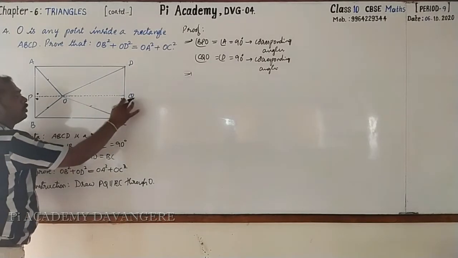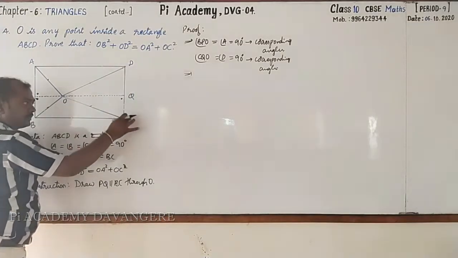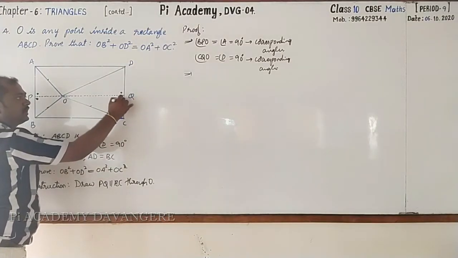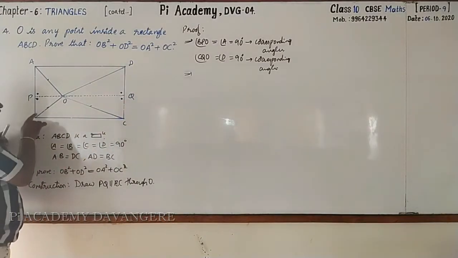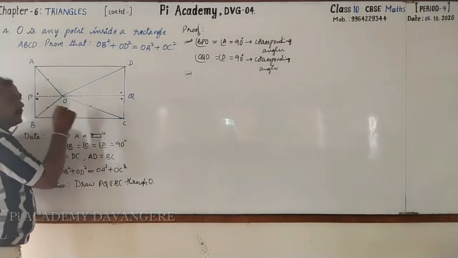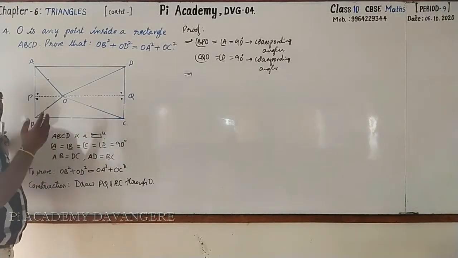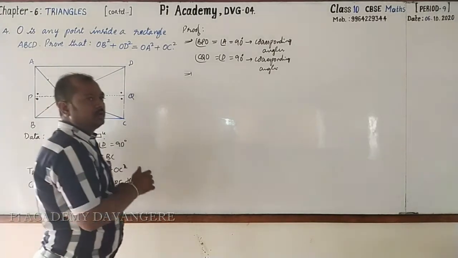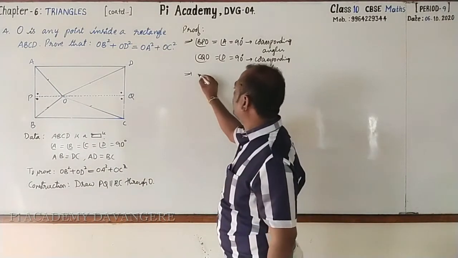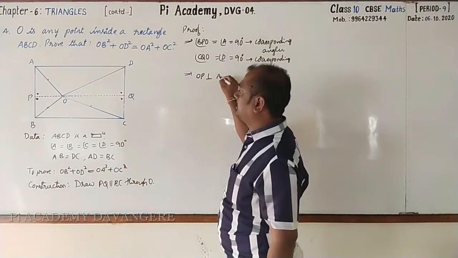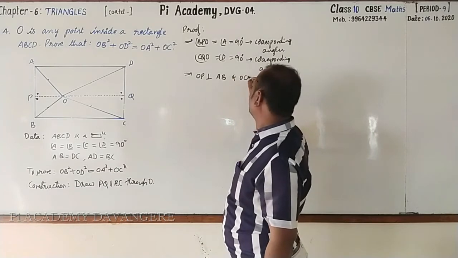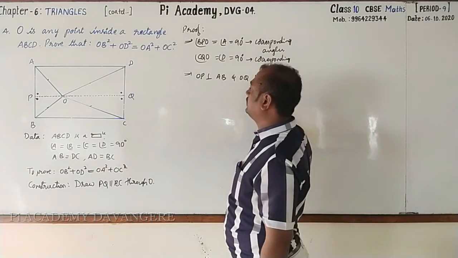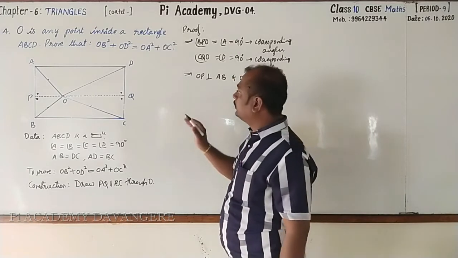Then here OQ is perpendicular to DC, these two angles are 90 degree. We know that angle B and C are 90 degree. A quadrilateral in which each angle is 90 degree, which is that one? It's a rectangle. Followed? So now here we'll write OP is perpendicular to AB and OQ is perpendicular to DC.